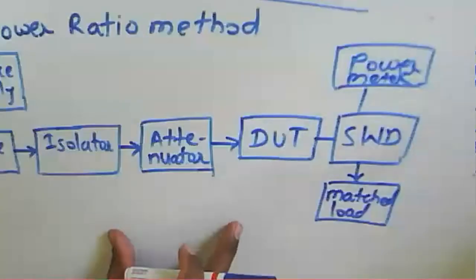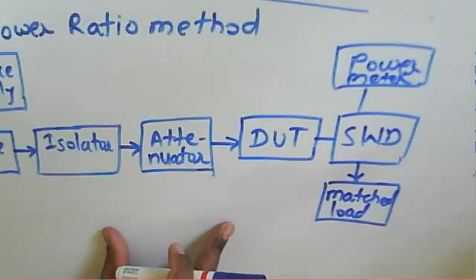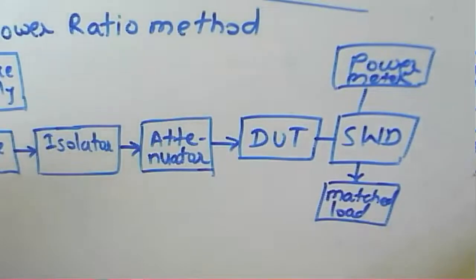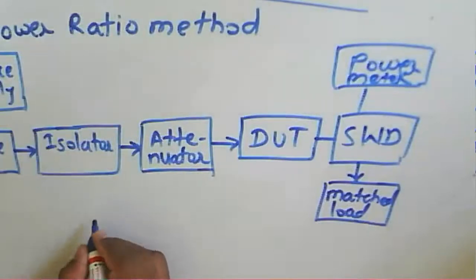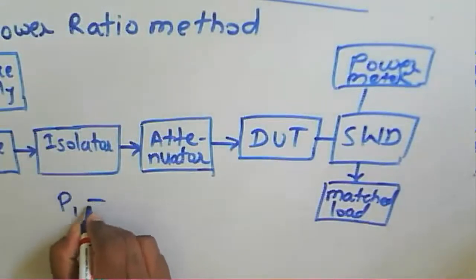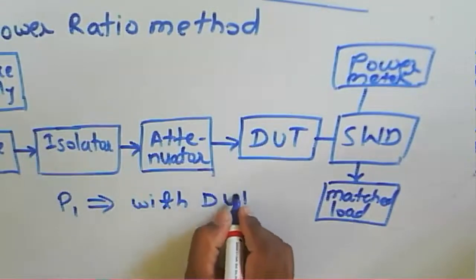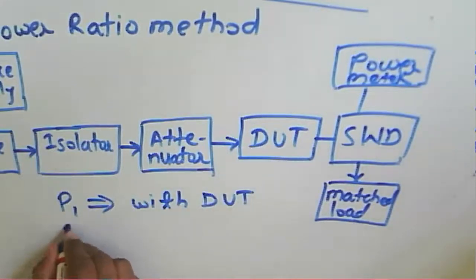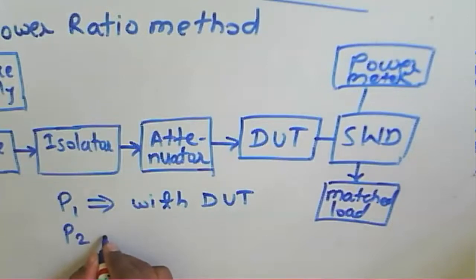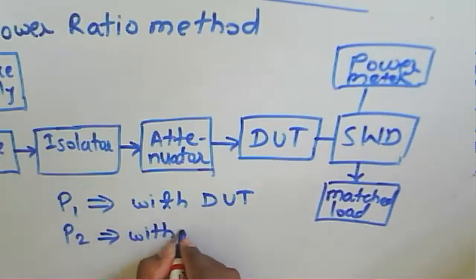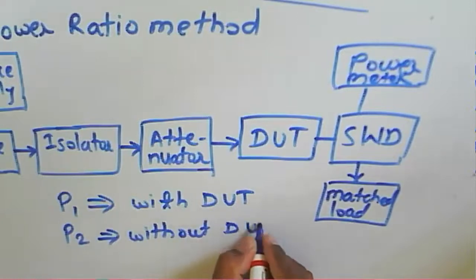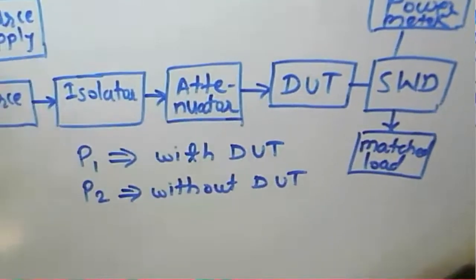We need to measure the power meter values P1 and P2, with DUT and without DUT. Suppose we consider power P1 with the device under test, and P2 without the device under test.